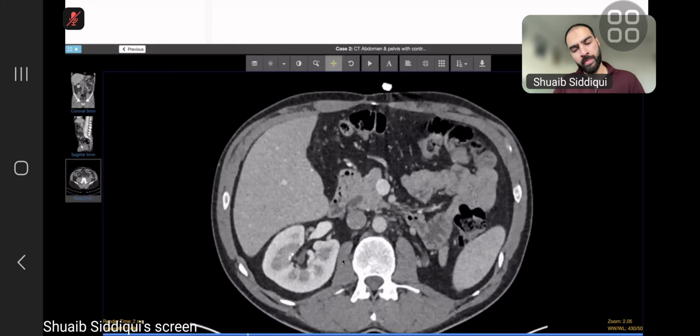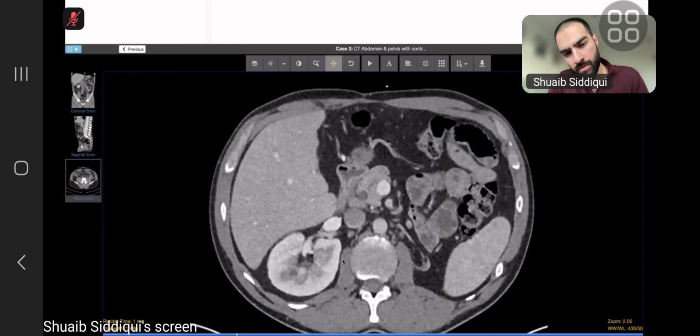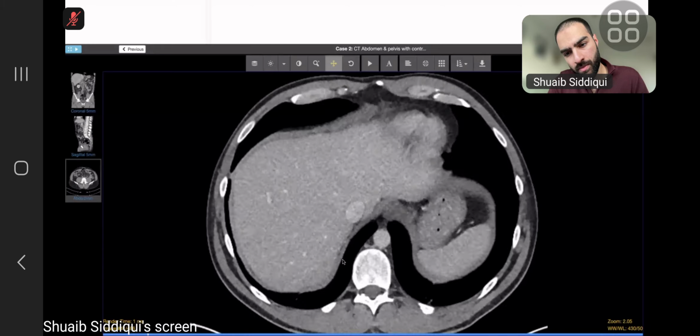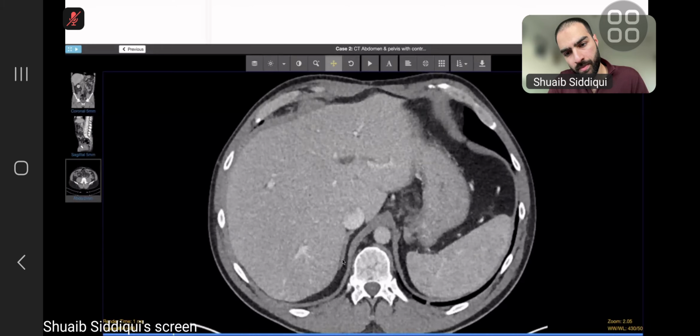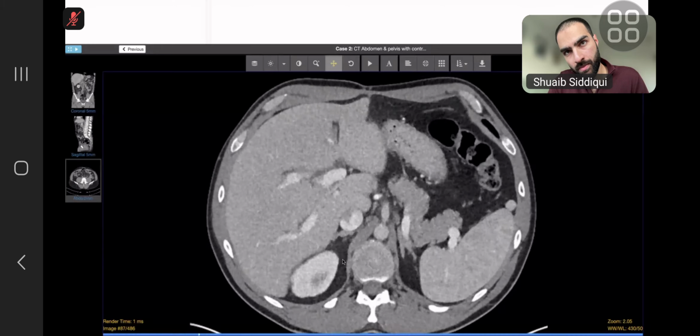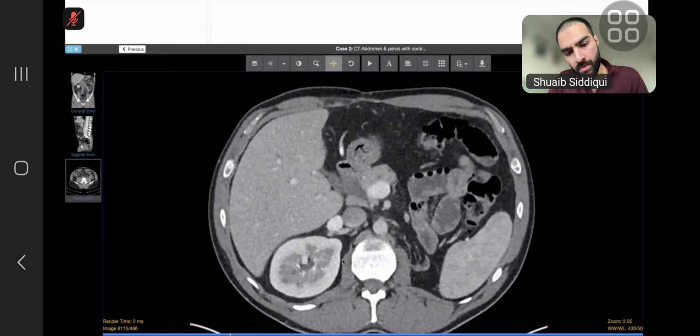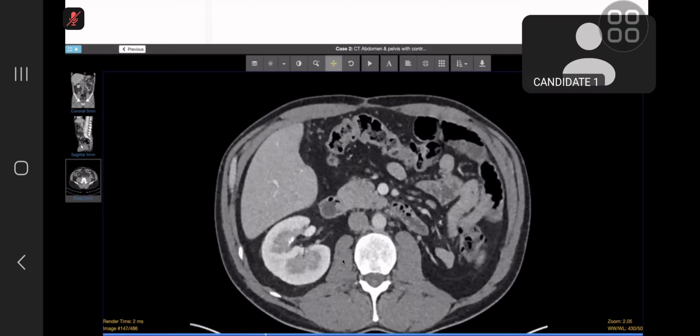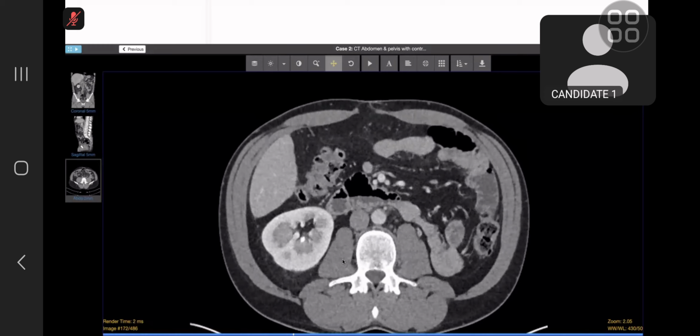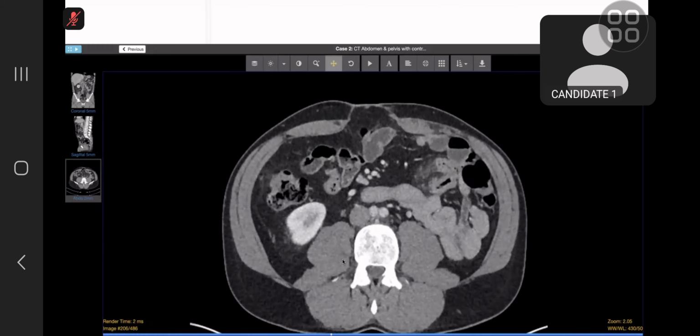So what do you think is going on? So the left kidney is smaller in size, the right kidney is bulky in size.